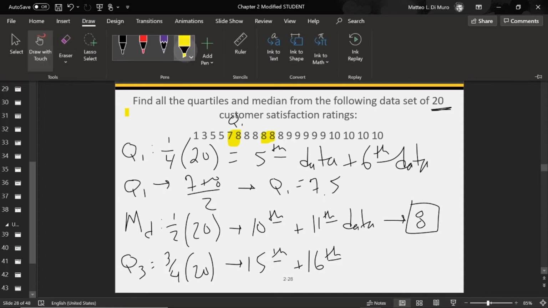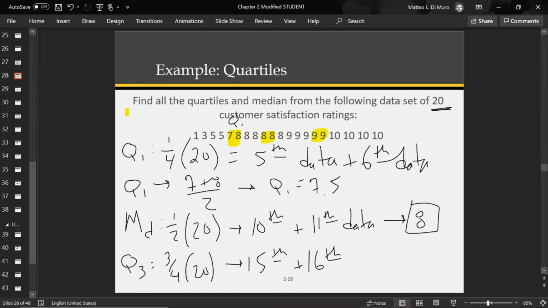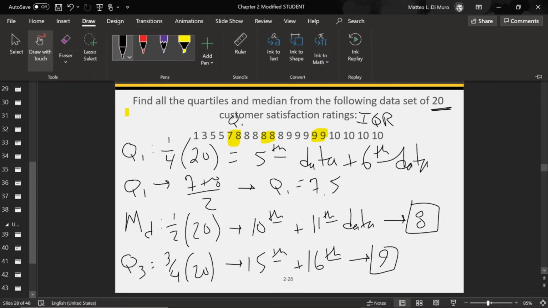So now I'm not going to do the calculation for this one, but Q3 is those two right there. When you count up, it's a 9 and 9. So when you add them up and divide by 2, you're still going to just get 9.